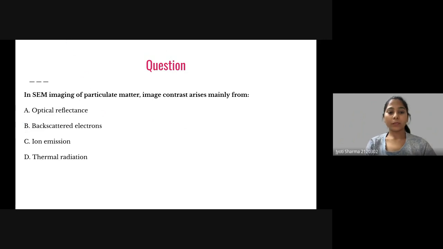Okay, now we are moving more to the microorganism thing. Not right now microorganisms, but SEM, the scanning electron microscope, imaging of particulate matter. So we can image particulate matter also using a microscope. Image contrast arises mainly from: optical reflectance, backscattered electrons, ion emission, thermal radiation.